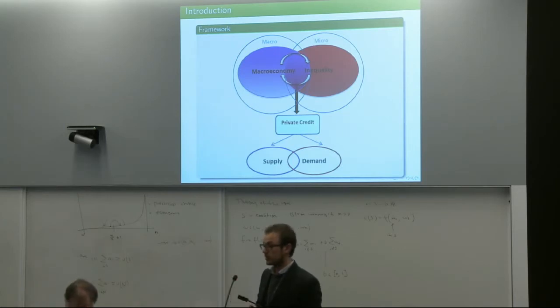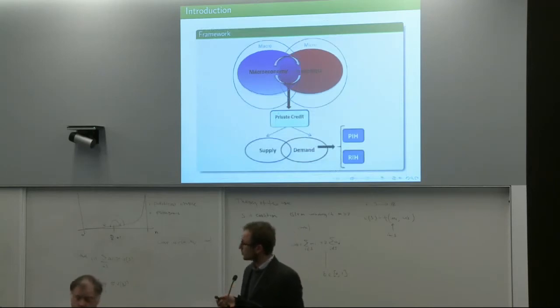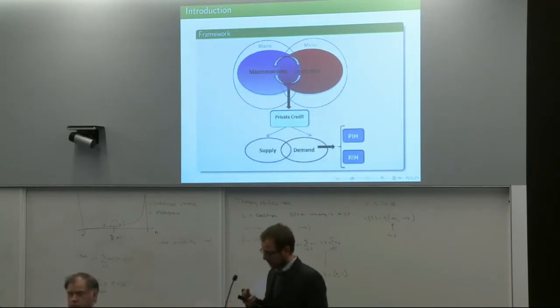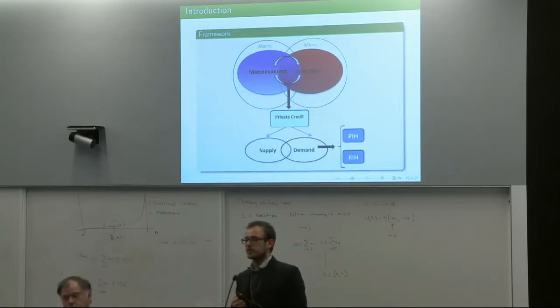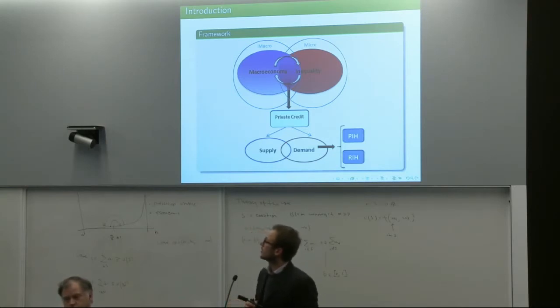Other theories put more emphasis on the role of demand for credit. I would like to focus more on the demand for credit, because I think there are more theoretical foundations, especially in macroeconomics, and because theories grounded in demand for credit have more clear implications which are testable with data.